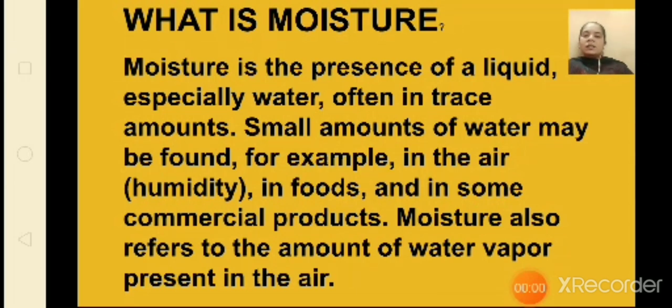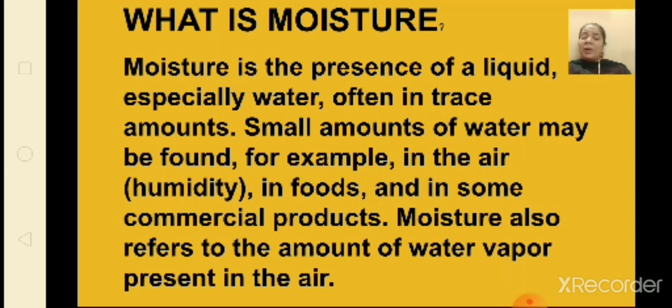Now let us understand what is moisture. When water evaporates from land or from different water bodies, it becomes vapor, right? Moisture in the air at any time is known as the humidity.